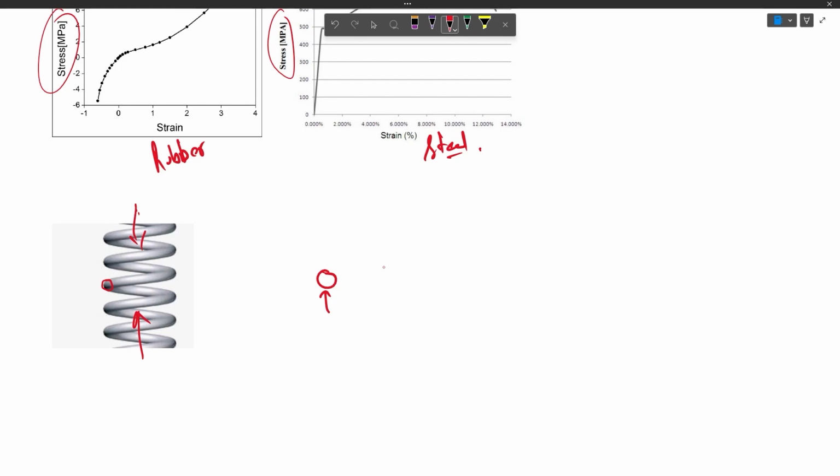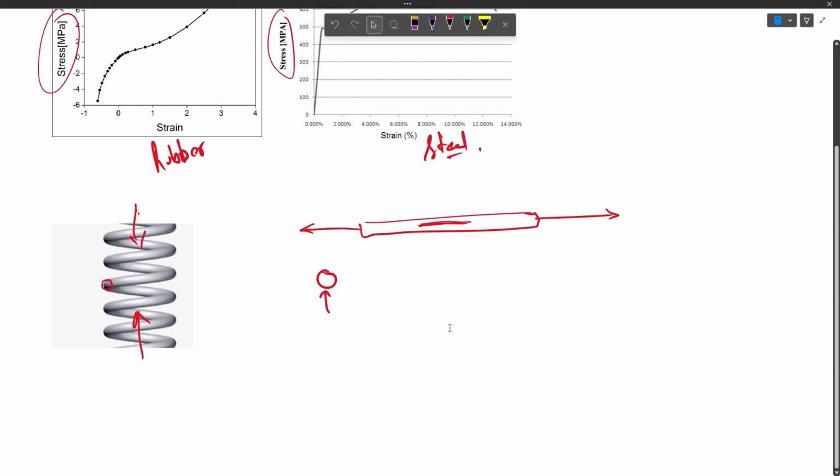Like if we consider a rod and it is under tensile force, the stress here is longitudinal stress. Now this is not the case over here. The force is acting parallel to its cross-section area.